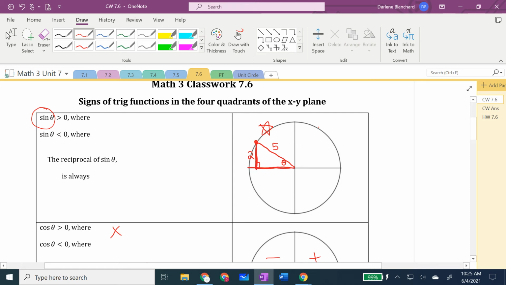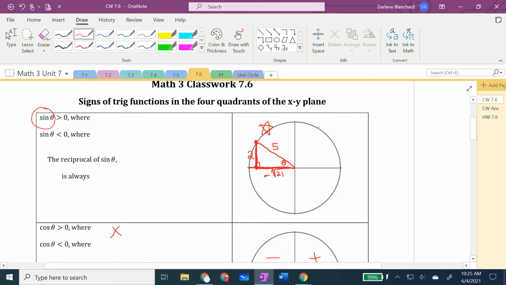And then for the x, you have to realize that it's negative, so you put a negative there. Then you've got to still go through Pythagorean Theorem, and you'll get the square root of 21. But from there, you would have your 3 sides. And then you can go about saying what all 6 of your trig functions are.